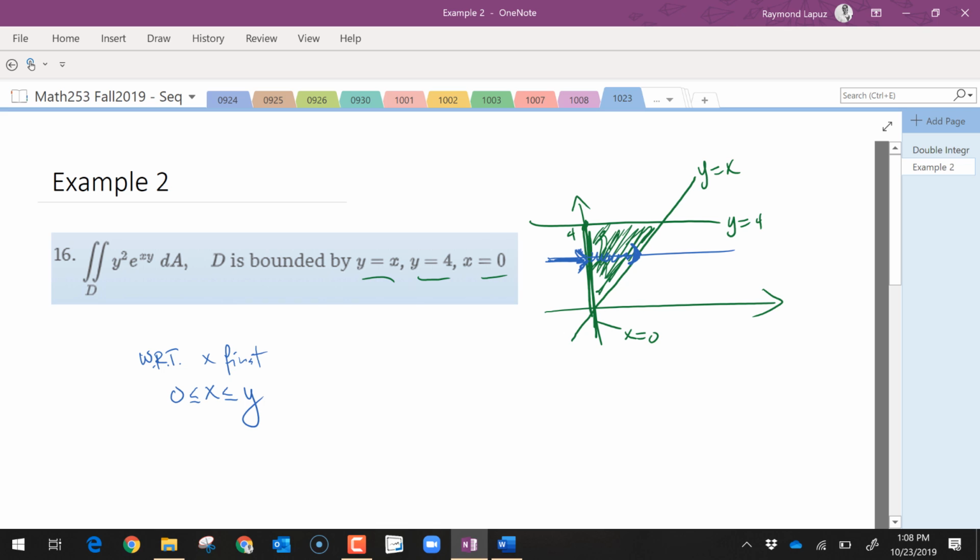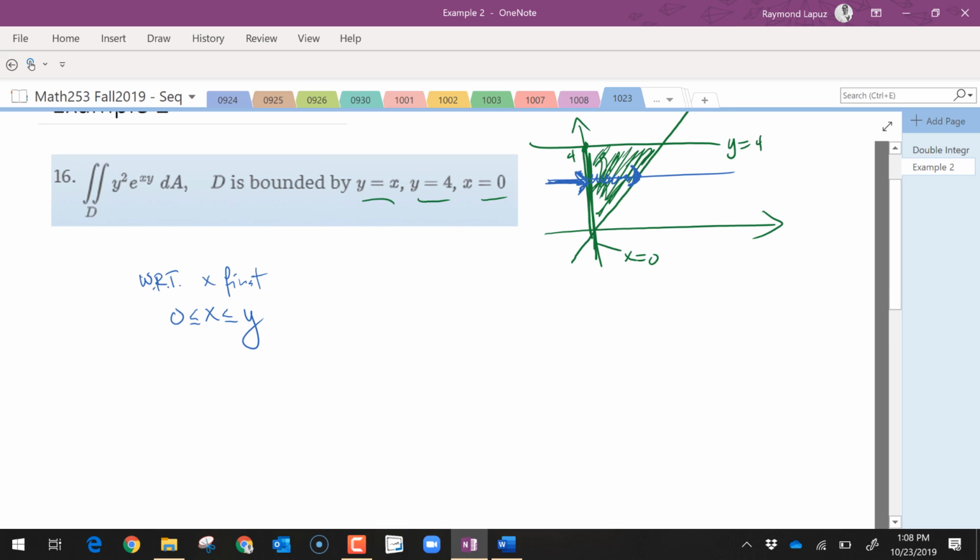So there are my limits for x. What are my limits for y? 0 to 4. So y is going to be my outer limits, and outer limits are always constants. You going to remember that? Outer limits are always constants.